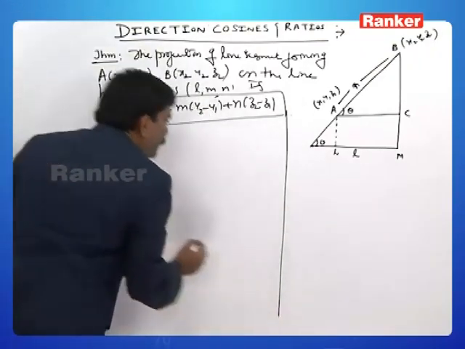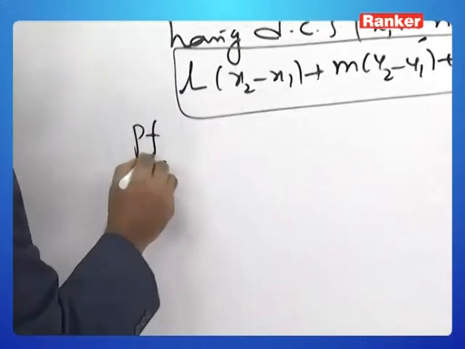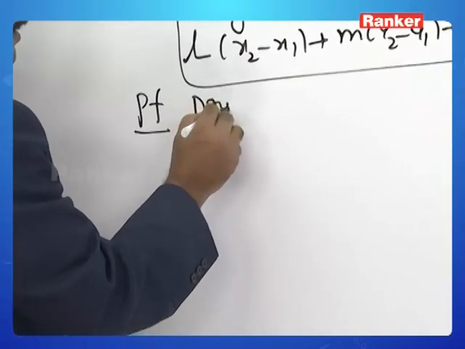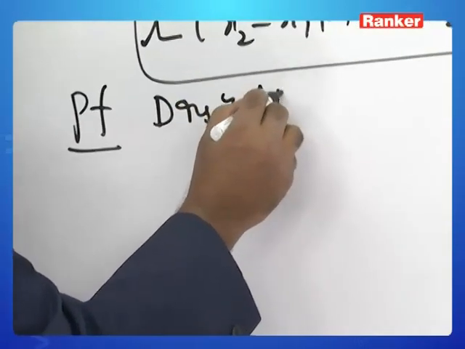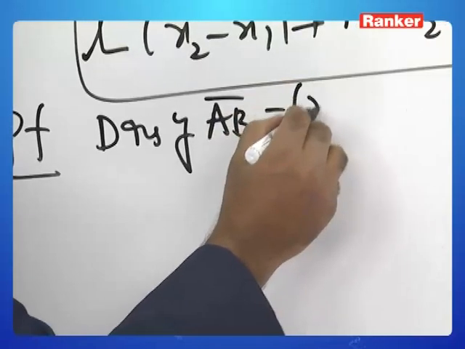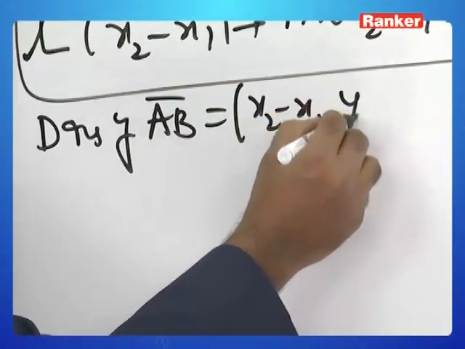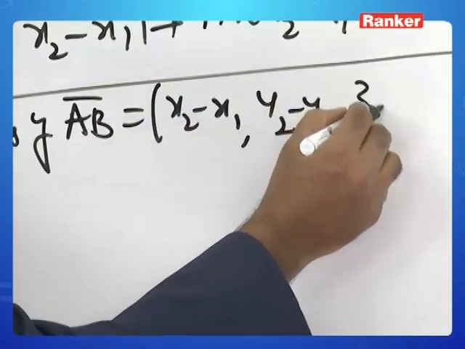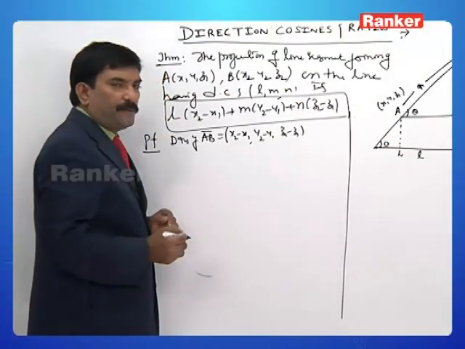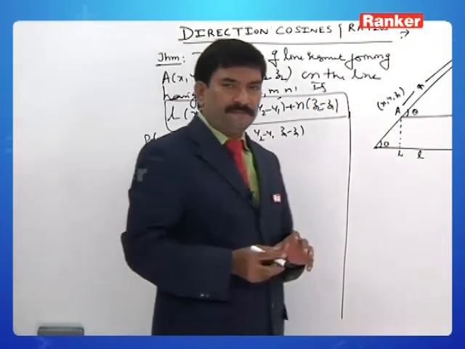Now coming to the proof of this one. DRs of AB bar are given by x2 minus x1, y2 minus y1, z2 minus z1.